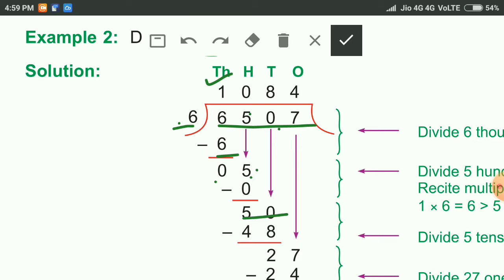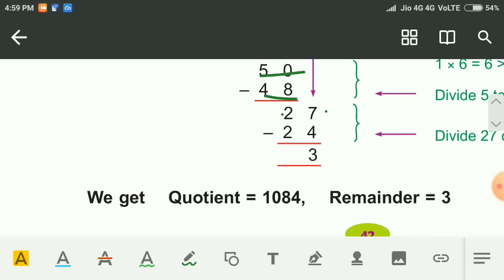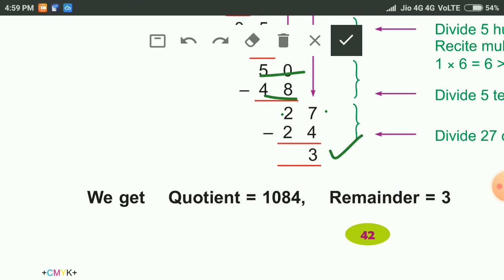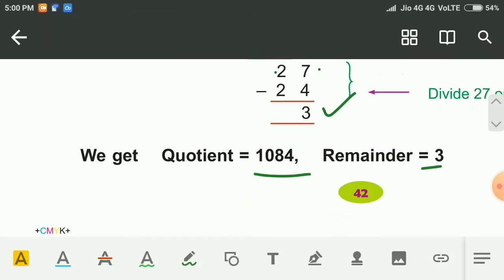Then 6, so we write here 0 also. 6 8 48. Then this is 2, this is 7, 6 4 24. And then we get 3 as remainder. Quotient is equal to 1084 and remainder is 3.